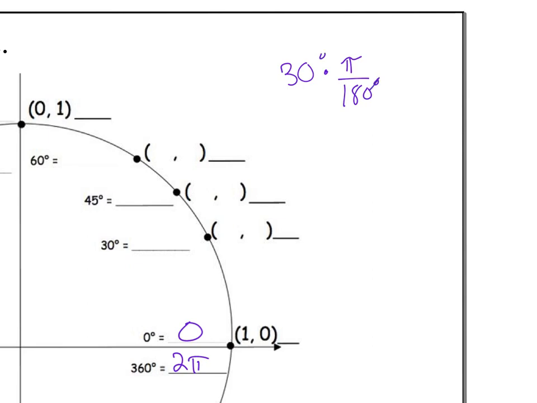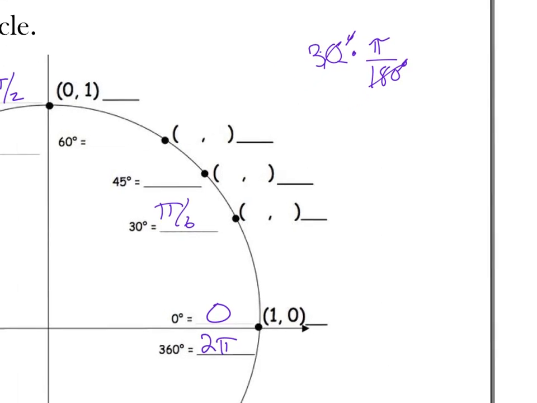Remember, the degrees cancel out. So 30 times pi over 180 is just going to be pi over 6. Then 45 cancels out, so that's just going to be pi over 4.